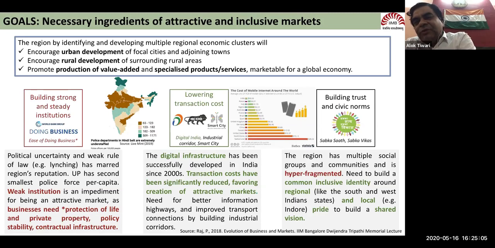interventions. If we want to develop large cities, we have to create constituencies which have a stake in creation of large cities. And those constituencies which will have stake in creation of large cities will have to be proud of those large cities. A city-wide identity, a strong Allahabad, Prayagraj identity, a strong Varanasi identity, Agra identity, a sort of civic territorial identity compared to this caste or sectarian legacy-based identity.